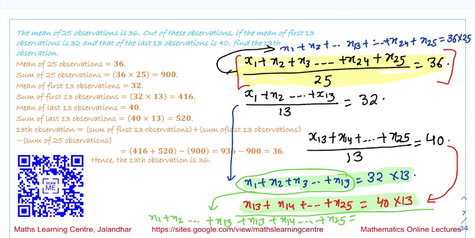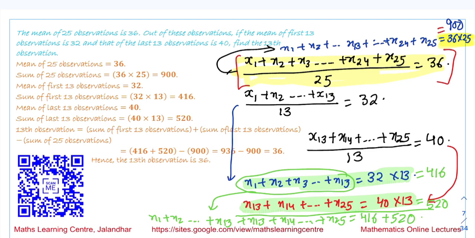This is equal to 32 into 13, which is 416, plus 40 into 13, which is 520. So the sum is 416 plus 520. And the value over here, 36 into 25, is 900.